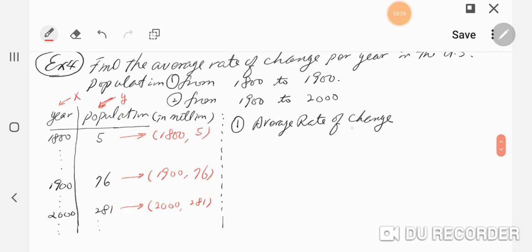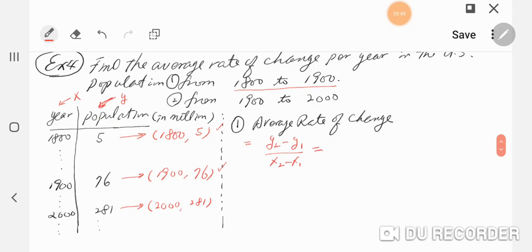So for number one, find the average rate of change from 1800 to 1900. We have these two data points, right? So the average rate of change is y2 minus y1 over x2 minus x1.